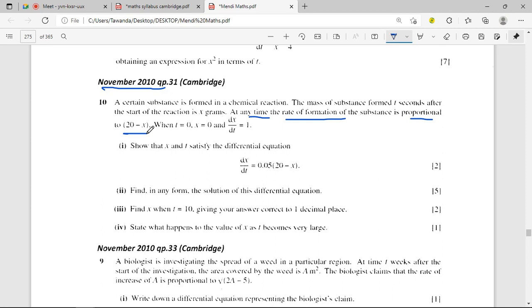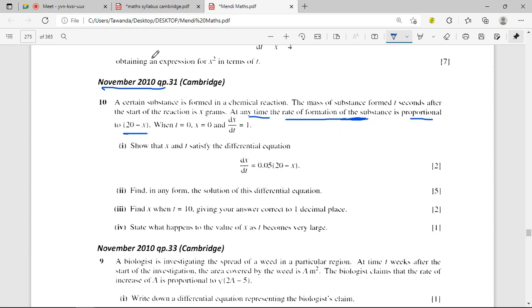You see the one that I've underlined. You say the rate of formation, right? What is rate? Rate is dx over dt. The rate of formation of the substance is proportional to this one, so we can come up with an expression mathematically. This one is a sentence, but let's write it mathematically.